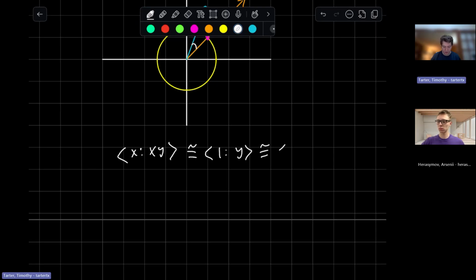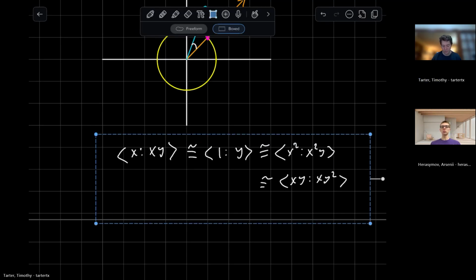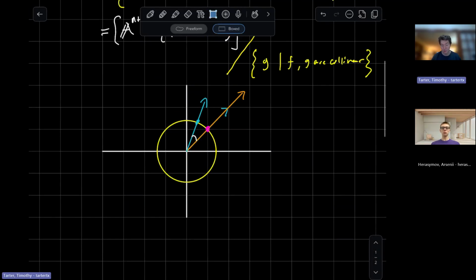But that would also be the same thing as x squared proportional to x squared y, which would be the same thing as xy proportional to xy squared, and so on. So projective space builds out this family of things which get mapped to these points under equivalence relations.